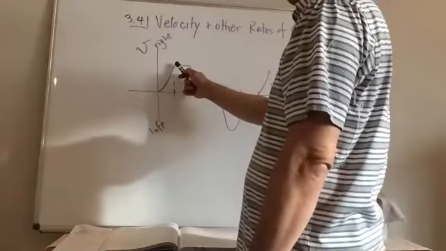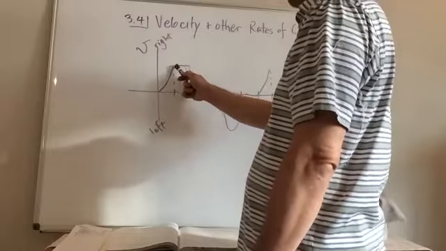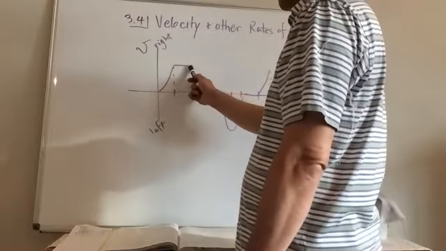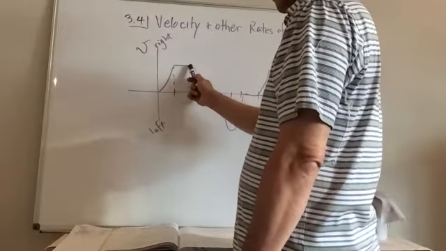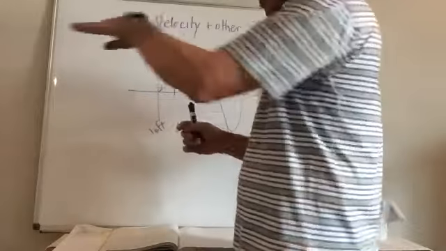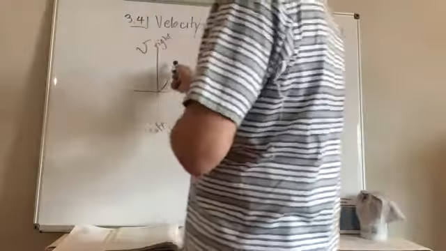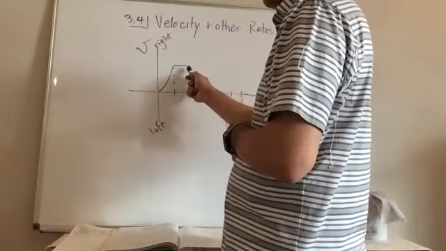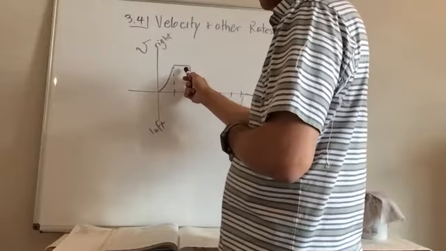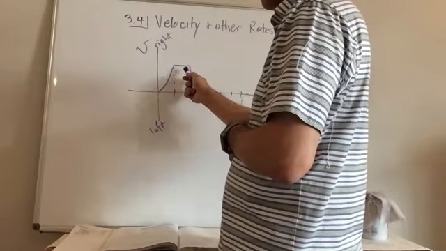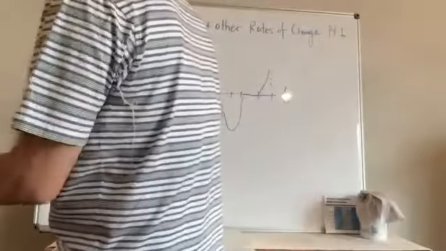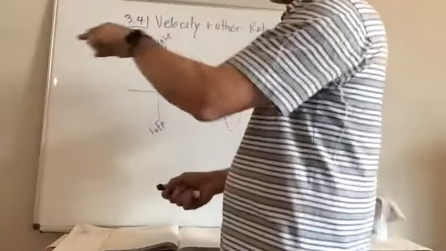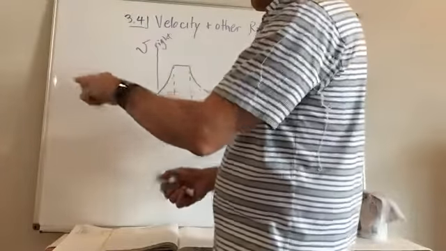Then from here to here, my velocity is constant, so I'm going straight at a constant speed. Constant velocity means the acceleration is what? Zero, I have no acceleration, because I'm going at constant positive speed.